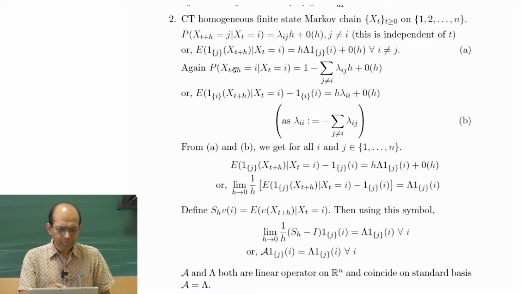Now again this line I am rewriting in terms of conditional expectation. I write it exactly this way: the expectation of the indicator function of the ith set at X_{t+h} given X_t is equal to i. And this right hand side I am rewriting as the indicator function 1_i at i.